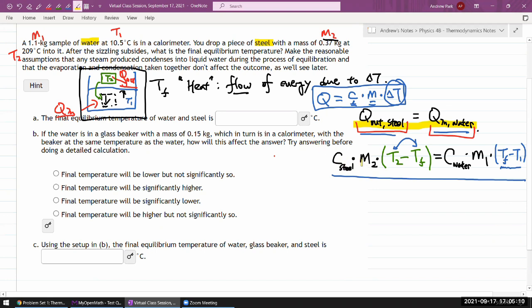It's fine. This has been given, so I know. This has been given, so I know. So, T final, I don't know this. So this is an unknown, one unknown. The specific heat capacity of water, I can look it up, so I'm treating it as known. M1 I know, T1 I know, and this T final is another, but it's the same unknown as this, so I don't count it as a separate unknown.